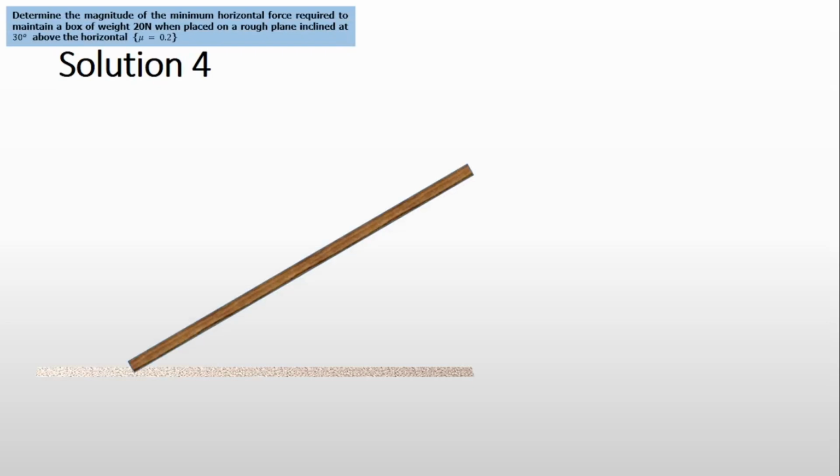Now, we have the horizontal ground, and here is the plane inclined at an angle of 30 degrees to the horizontal ground. And we have the box of 2 kg resting on the plane that is inclined.